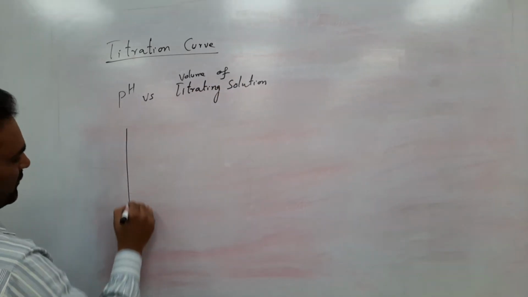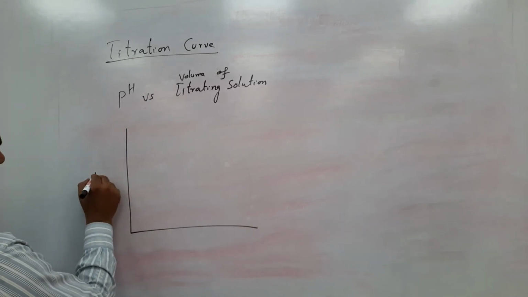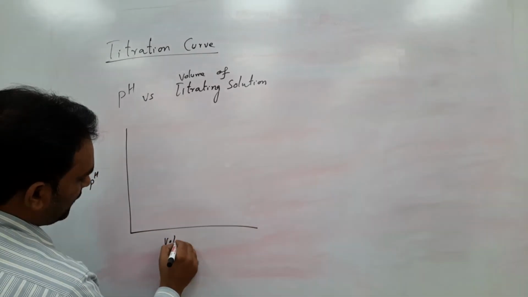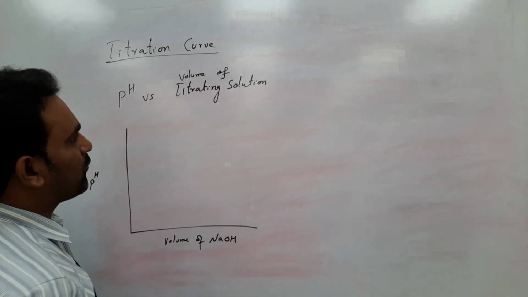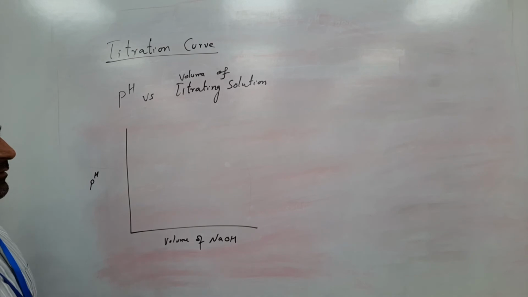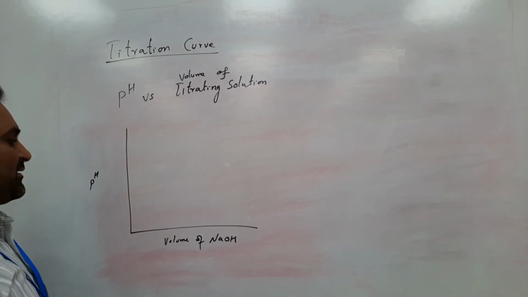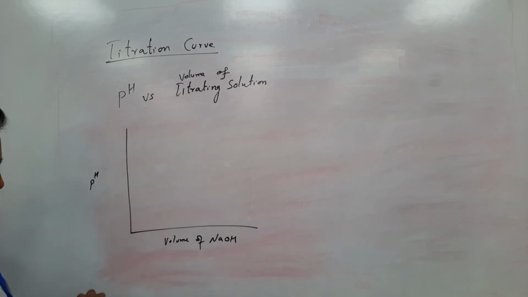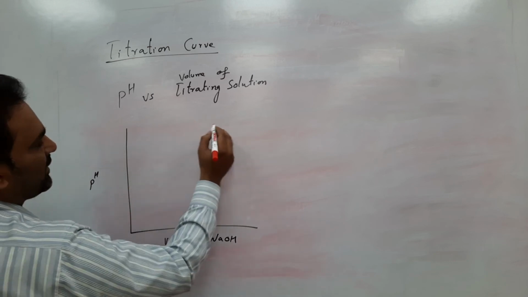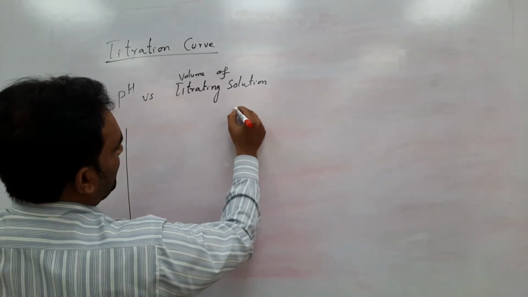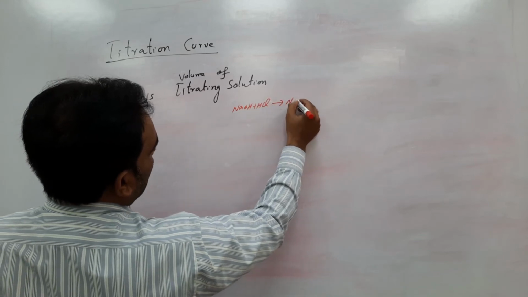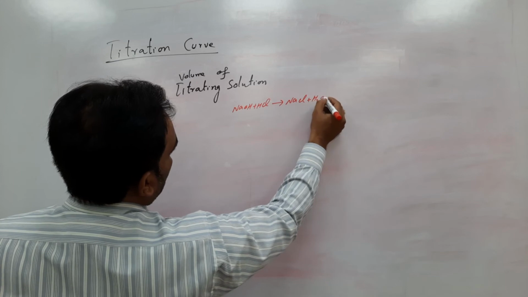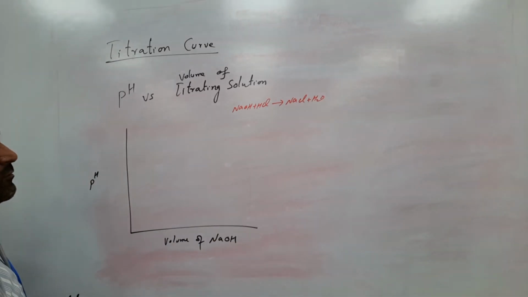Suppose here you have pH and here you have the volume of base NaOH, and you are going to titrate this base with an acid. Suppose you are dealing with a reaction where you have sodium hydroxide and HCl. It will give you sodium chloride and water, and you are going to study this reaction using the titration method.